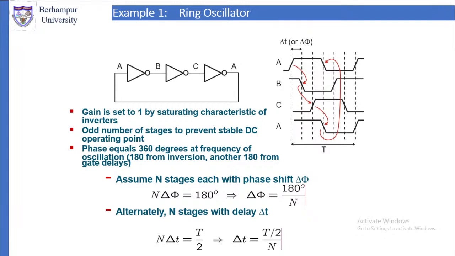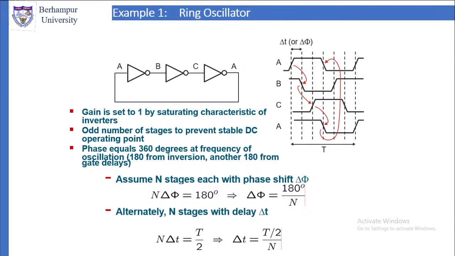So suppose there are n number of stages, each with the phase shift delta phi. Then n into delta phi should be 180, or delta phi should be 180 by n. So instead of phase, if you go to time, then for time we will say n stages, each stage with time delay delta t.